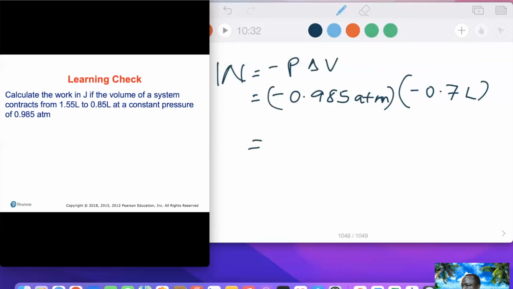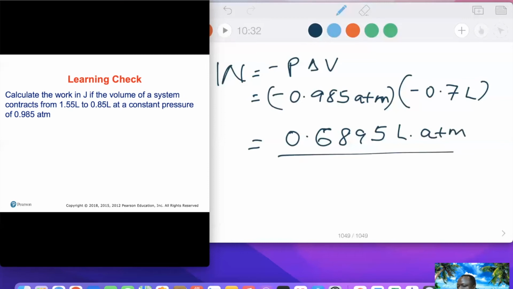If I have that on my calculator, 0.985 times 0.7, I have 0.6895. This is liters times atmosphere. And remember, the question is in joules, so we need to change that to joules.